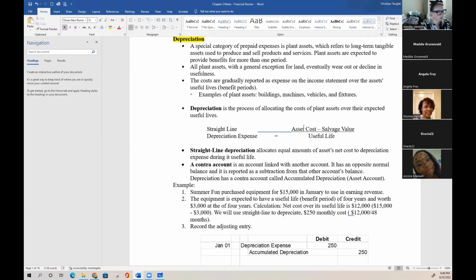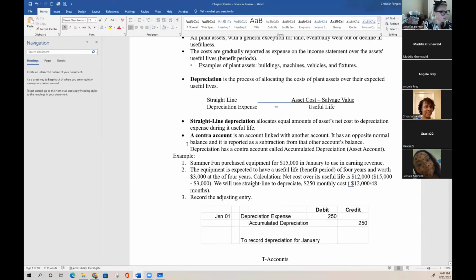Again, that will be given to you. So we're just looking at the total amount, taking out what we expect it to be worth, the salvage value, and then dividing it over the useful life. That's how I'm going to expense it throughout the life of the asset. That's the straight line, which allocates an equal amount during the year.